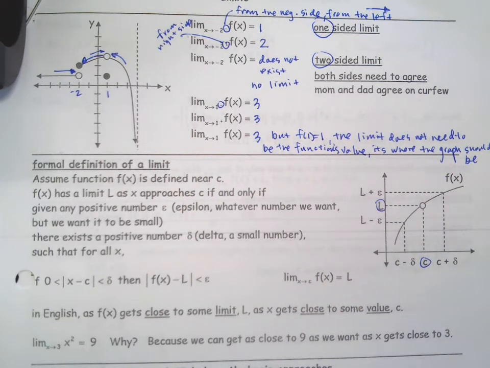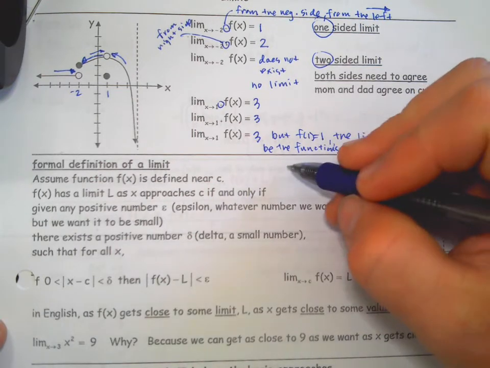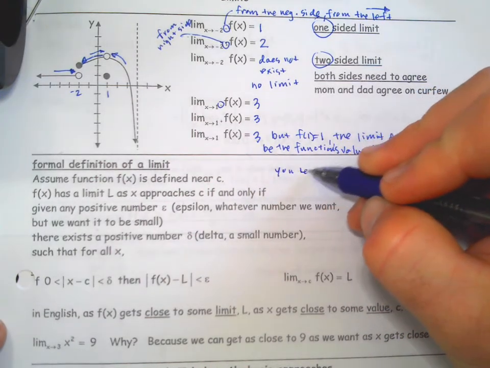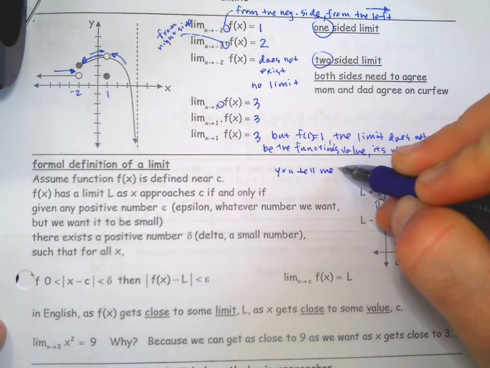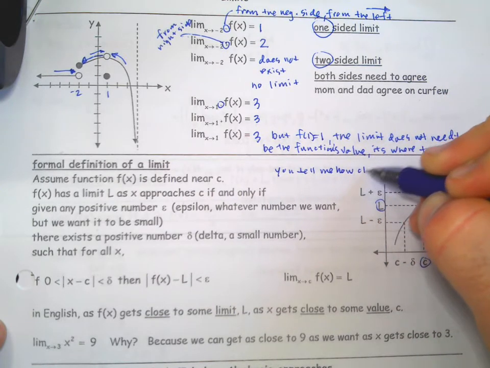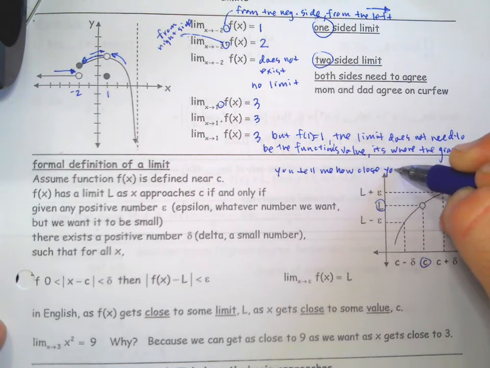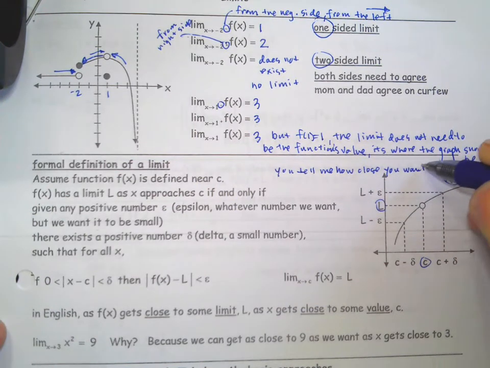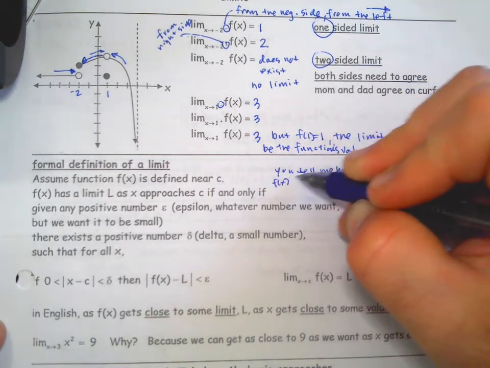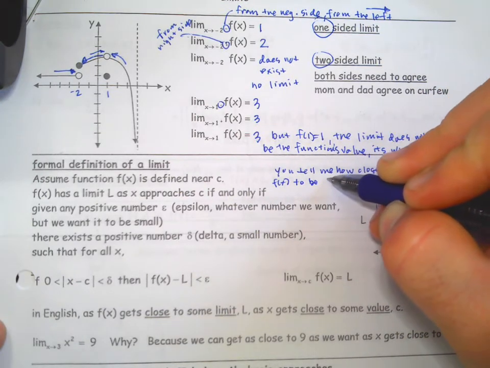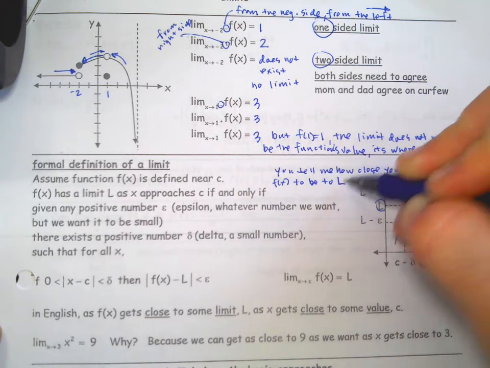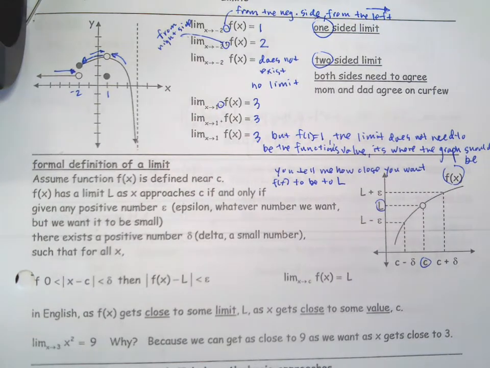I'm going to say, you tell me how close you want f of x to be to the limit L. You give me a positive number, epsilon.